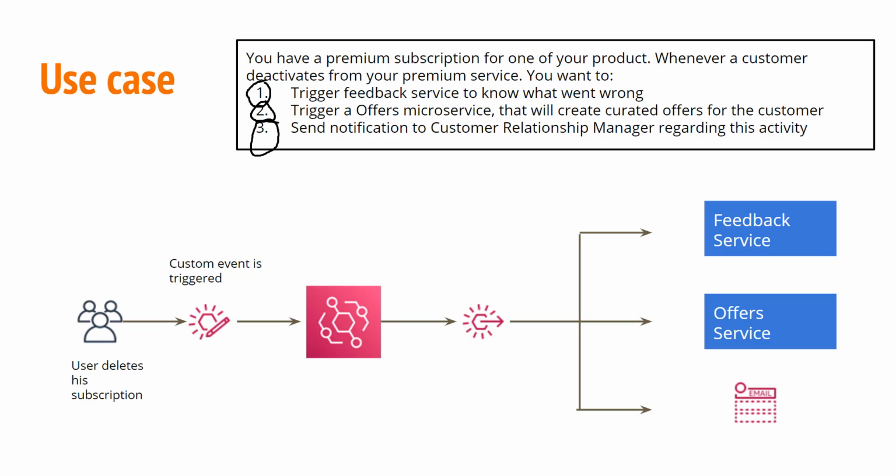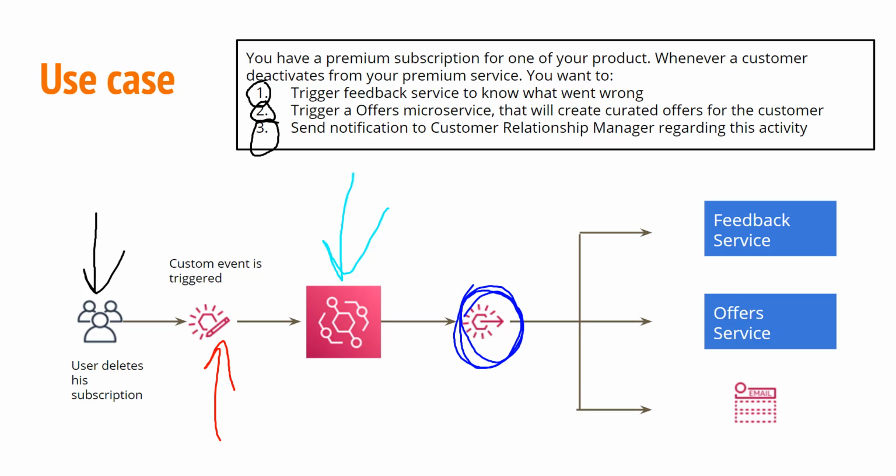Let's look at the steps one by one. So let's say that at this point the user deletes his subscription. Now once this is done, we'll trigger a custom event. So this custom event would be passed into the event bus. Then there will be rule matching.